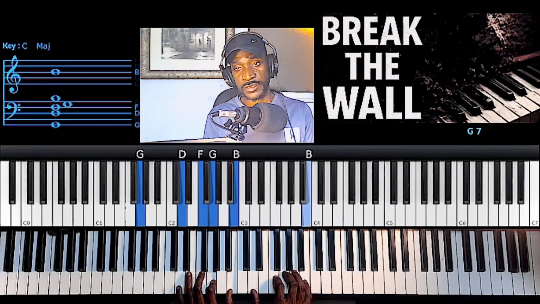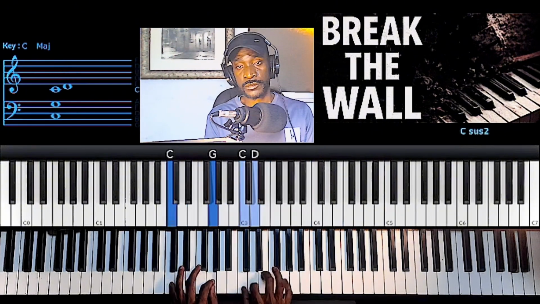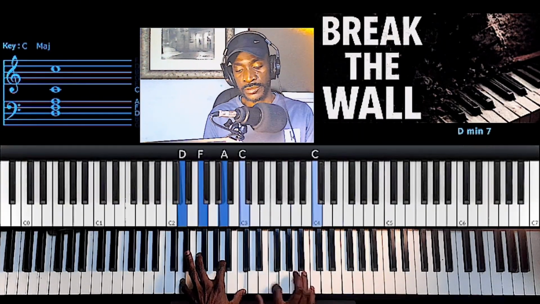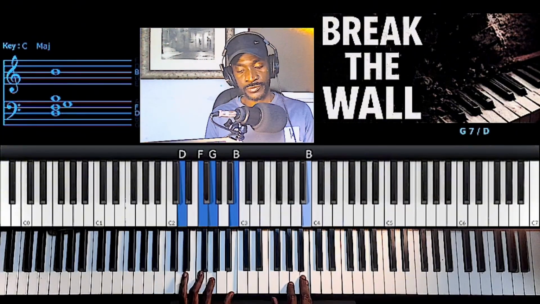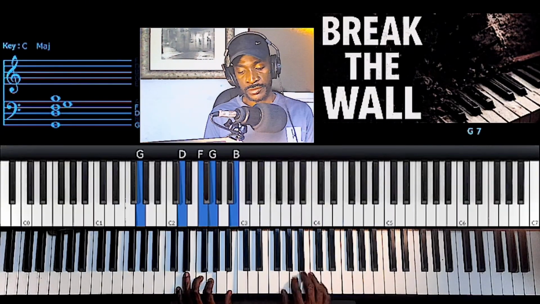But here I have this. Okay? You get it? So C, D minor 7. This is G, except that I don't have the bass note would be playing the G7 right here to make it the G7.